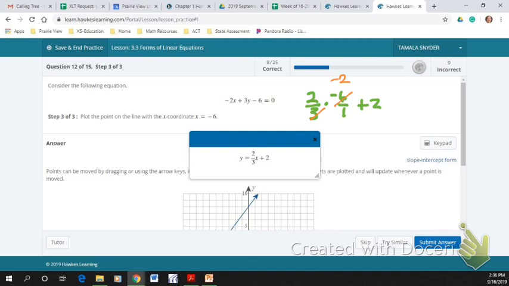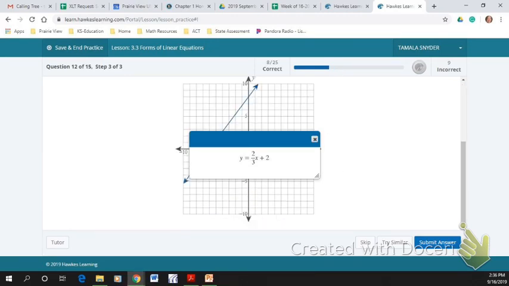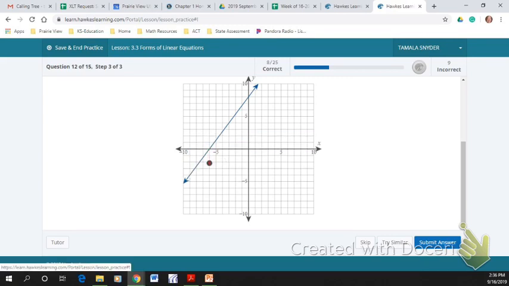So 2 times -2, -4 plus 2 is -2. All right, so I plugged in a -6 and I got out a -2, so now that's the point I need to plot: -6, -2. So here's the -6, -2, and there's our line. Here's the original point we plotted, here's the new one. Hit submit.